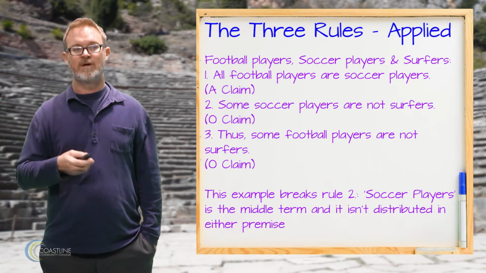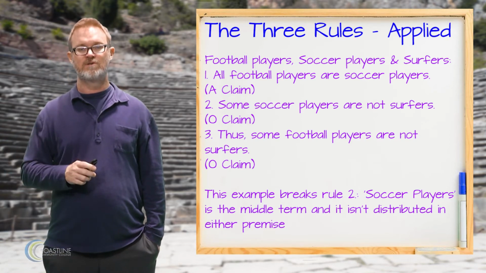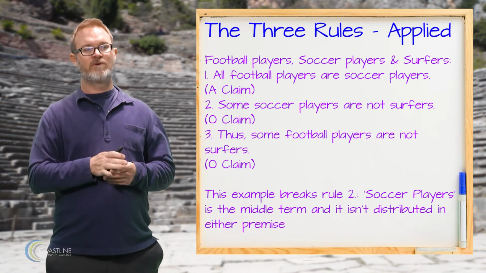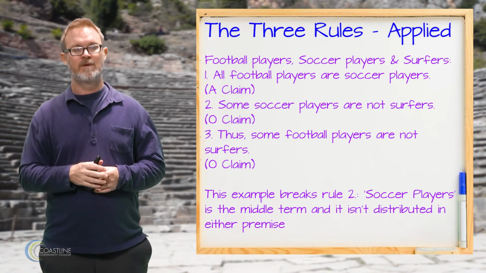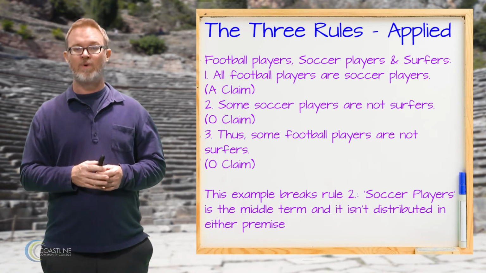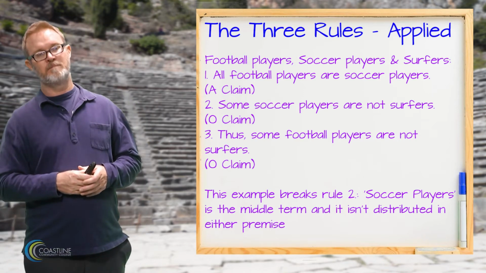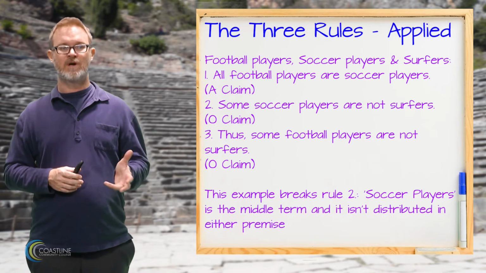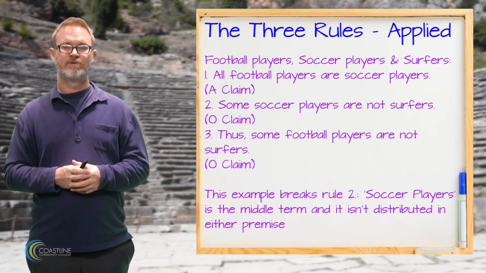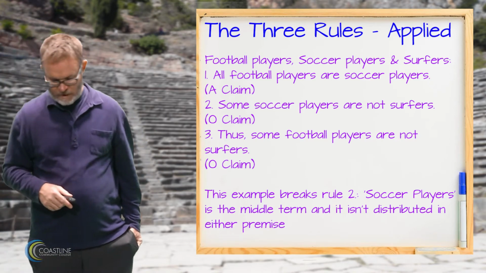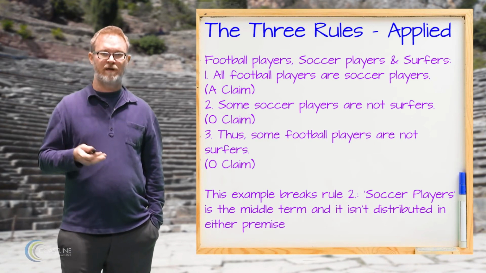Therefore, 3, some football players are not surfers. Okay? You can see here that you've got as your first premise an A claim. Your second premise is an O claim. And your conclusion is an O claim as well. Your terms are football players, soccer players, and surfers. Okay? So we do have a categorical syllogism.